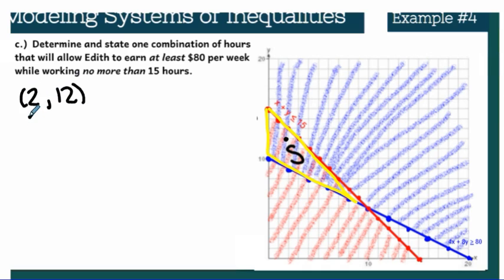This is our x value and this is our y value. Going back to the beginning of our problem, this tells us that Edith can work for 2 hours at her after-school job and 12 hours at her library assistant job and still meet her requirements. Can you think of another solution that will work?